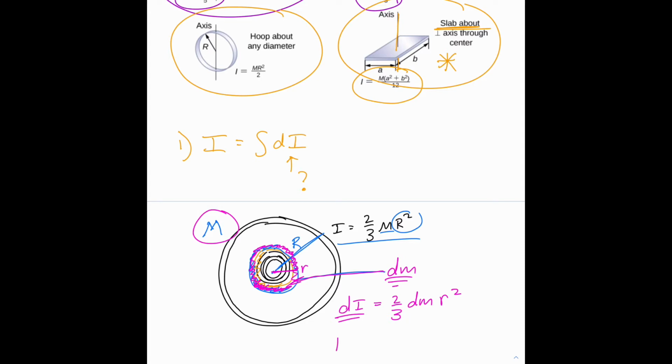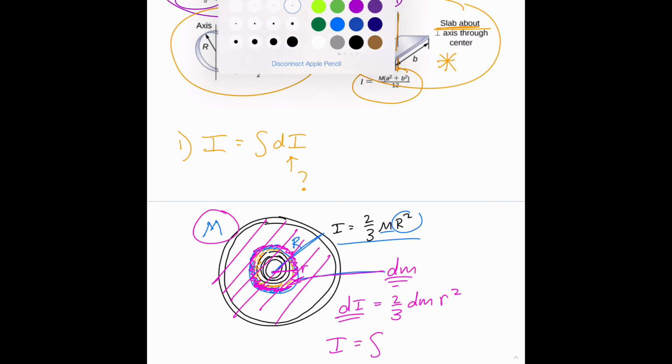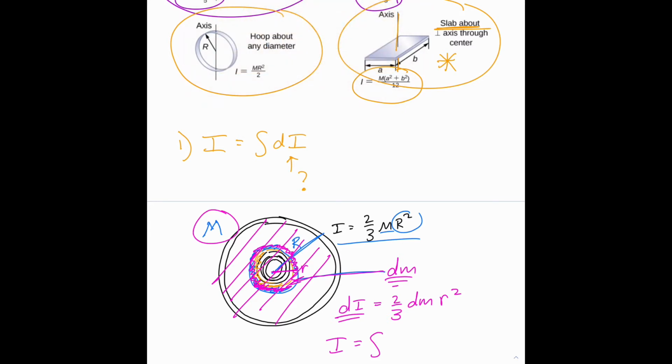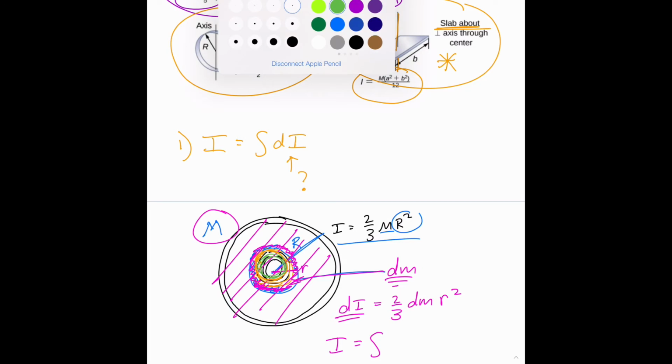And so if I want to get the total rotational inertia for the whole solid sphere, I'm going to have to add up the rotational inertia of that spherical shell plus that spherical shell plus, well, you see where I'm going with this one.